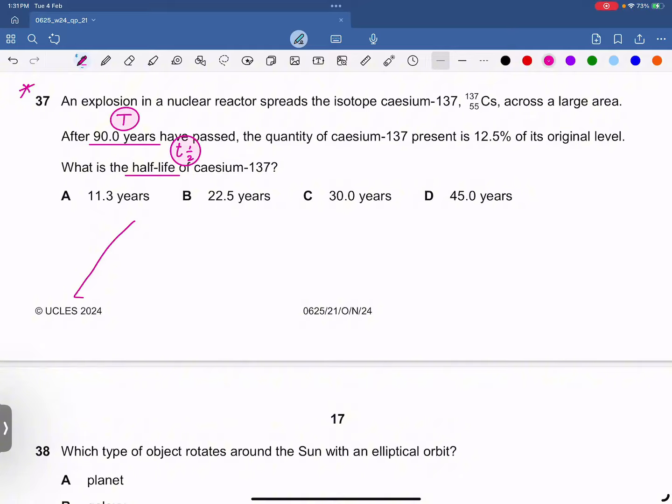Let me give you a relationship between them, how total time is related with half-life. There is a formula which I made. The number of half-life periods is total time over half-life. So if you want the half-life, my dear students, it will be total time over number of half-lives. To find the number of half-lives, you make a decay sequence.